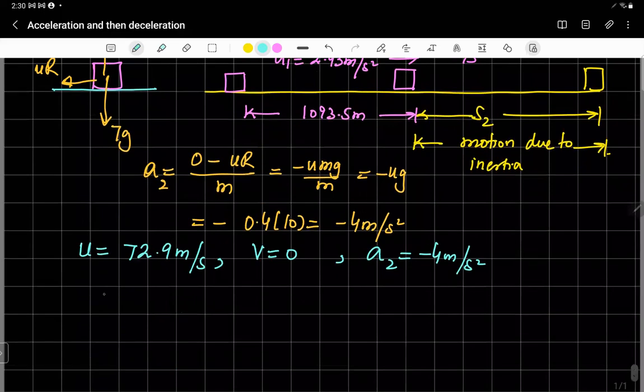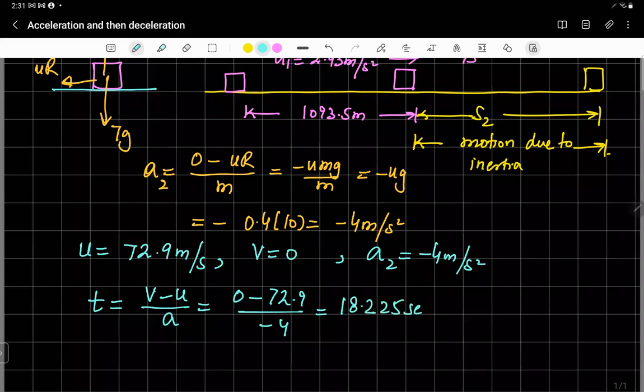Now, using these values, I can calculate the time, v minus u upon a. It's 0 minus 72.9 over minus 4. What is the answer of this calculation? 18.225 seconds, I think. Please check if it is right. Yes, it is okay. We can round it off and just write 18.2 seconds.